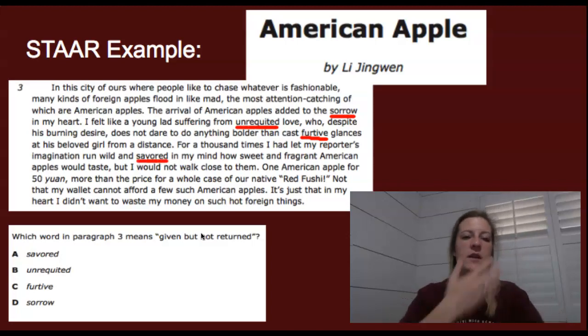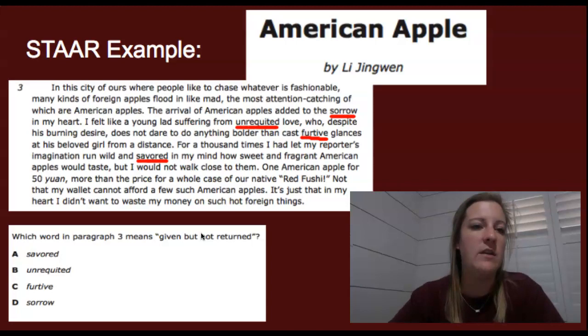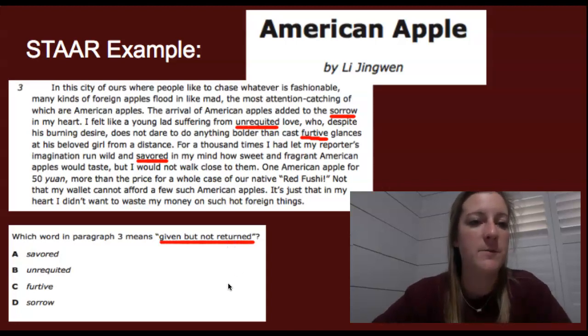And so then once you've identified where they are in the paragraph, read the paragraph, and then figure out which one falls under this definition here in the question: given but not returned. Okay? So, in this city of ours, where people like to chase whatever is fashionable, many kinds of foreign apples flood in like mad, the most attention-catching of which are American apples. The arrival of American apples added to the sorrow in my heart.